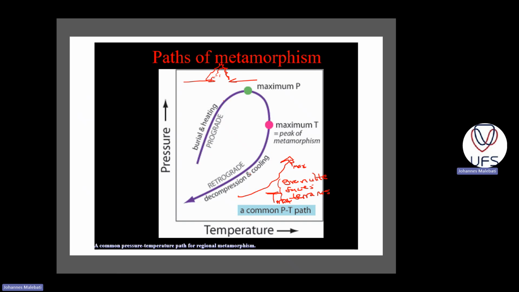Sometimes the forward and the backward paths look similar, but sometimes they are very different. Everything depends on the tectonics and the fluids. That's one thing that I wanted to bring to your attention.